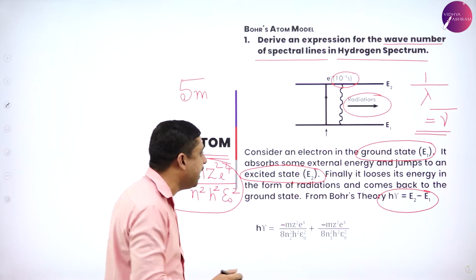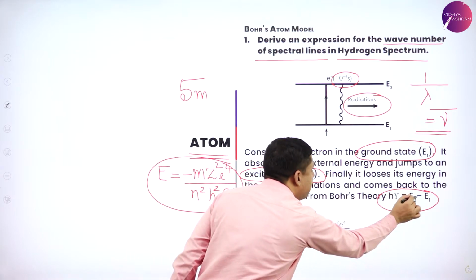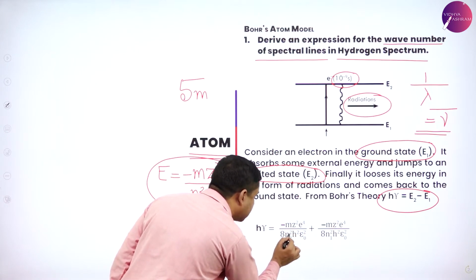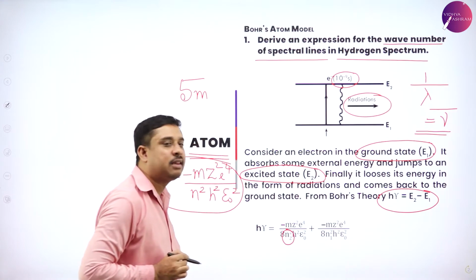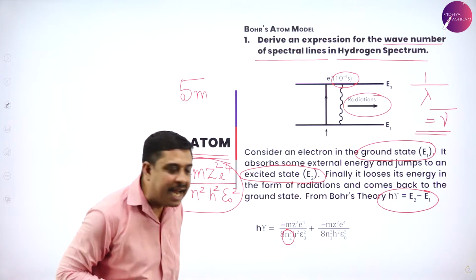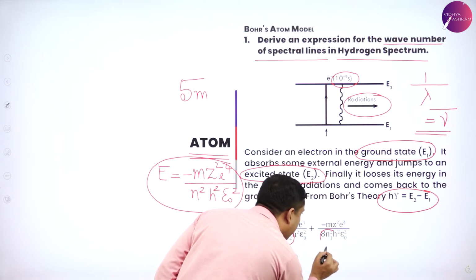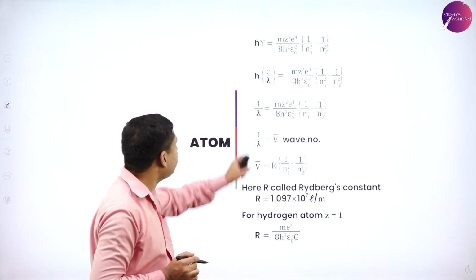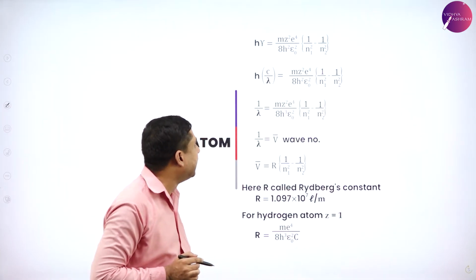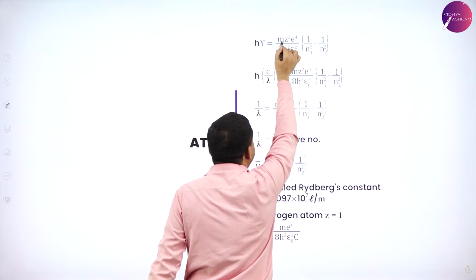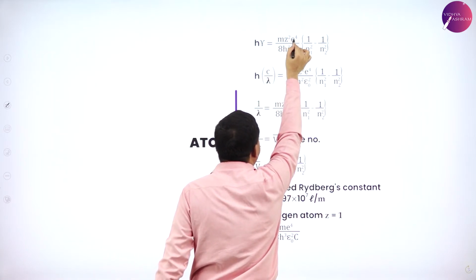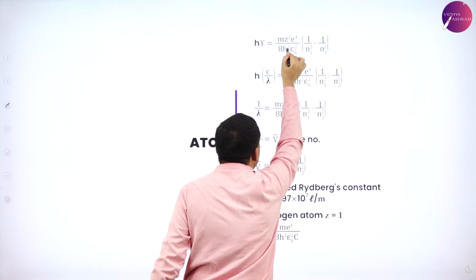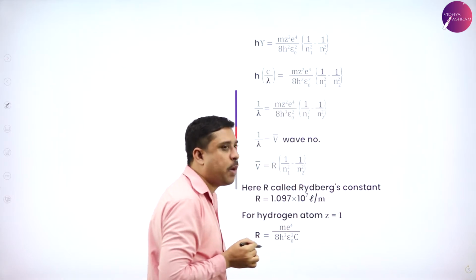So substituting here, E2 minus E1, all other terms remain constant. When I write E2, the orbit number is n2. When I write E1, the orbit number is n1. Therefore, h nu is now written as m Z square e to the power 4 divided by 8 h square epsilon naught square.